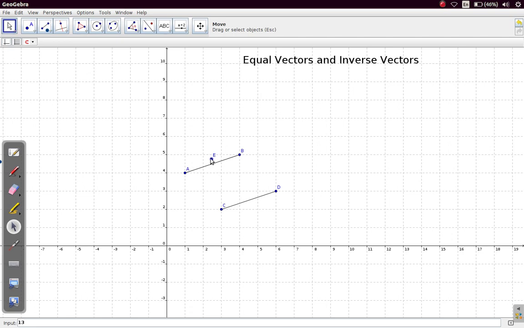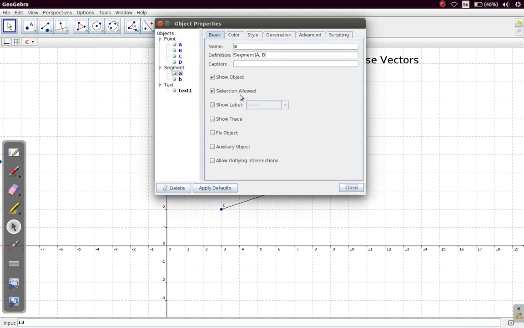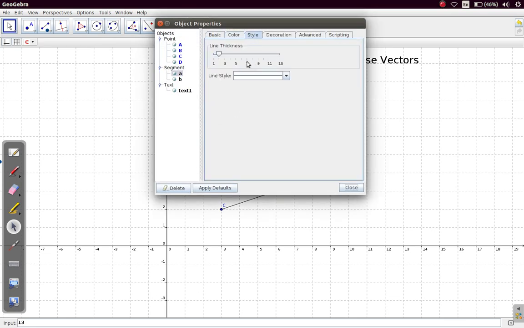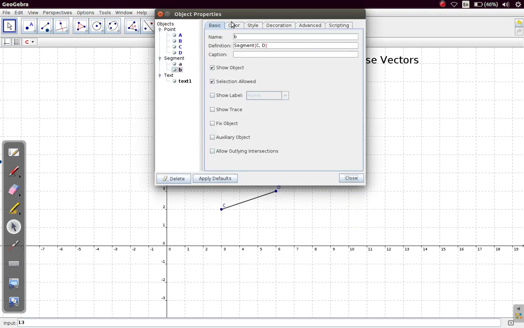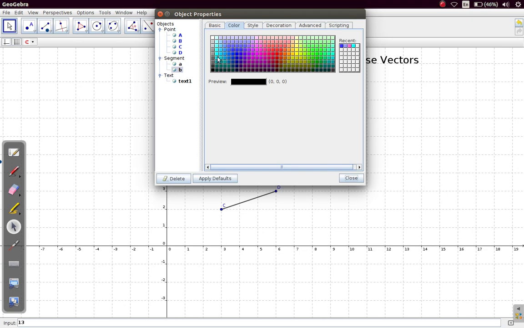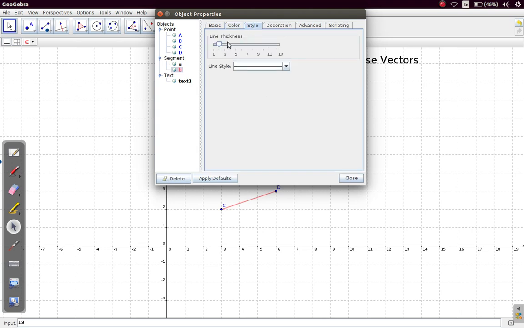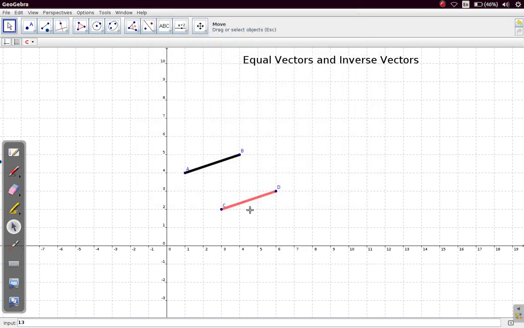Let me get rid of this dot here, that came here. Alright, vector AB. Let me keep the same color and make it thicker. Good. And then I want to change the color of vector CD, to this color, and make it thicker as well. Nice. So these vectors are equal vectors.